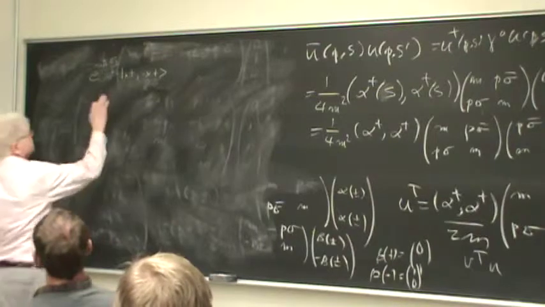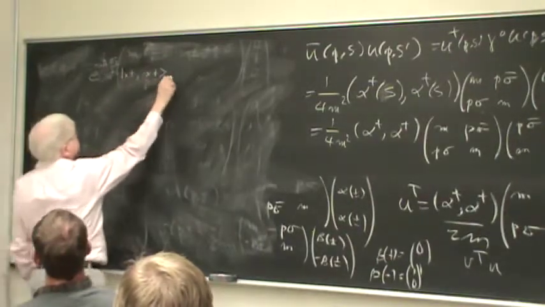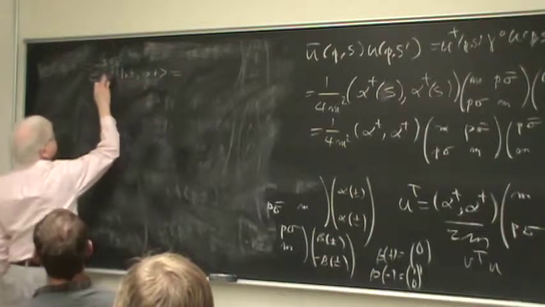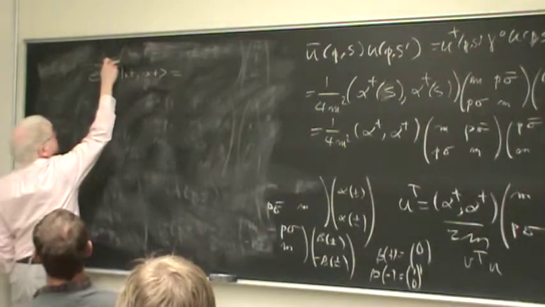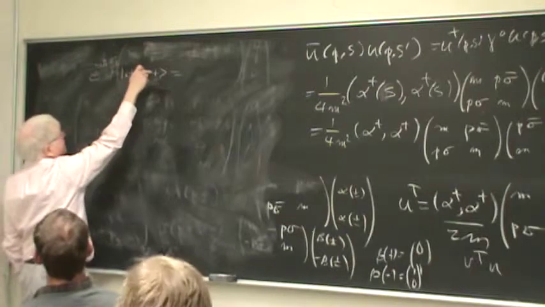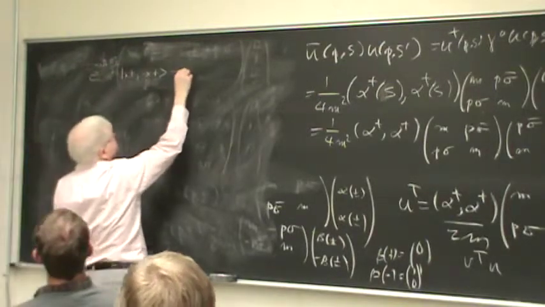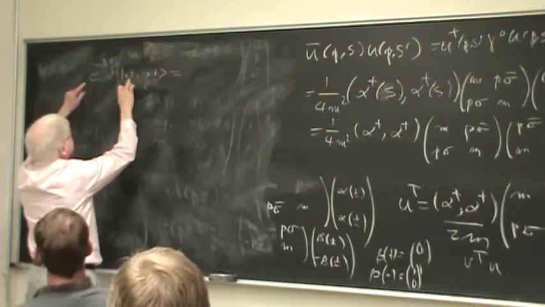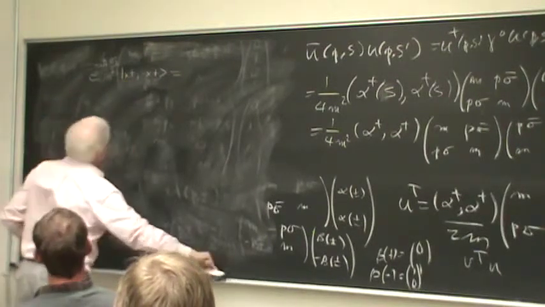What that will do is act on each of these, and that will give us 1 or minus 1. It's 1 in both cases. What I'm thinking of is the whole rotation.